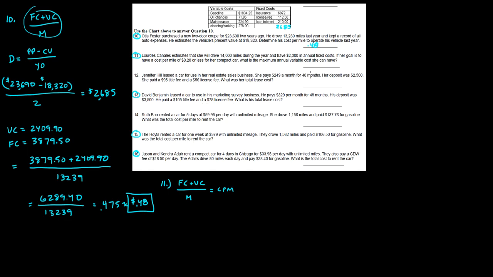Well, in number 11, what it gives us is the cost per mile, which is 0.28, and it gives us the number of miles, which is 14,000, and it gives us the fixed cost, but it doesn't give us the variable cost.